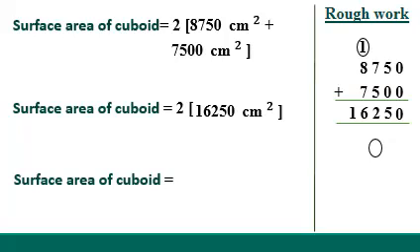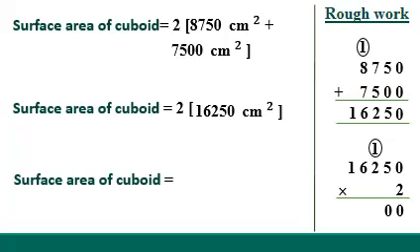So again in the rougher column we are going to write down 16,250 and get it multiplied by 2. 0 times 2 is 0. 5 times 2 is 10. So 0 will be written here like this and 1 will be taken as carry above 2.